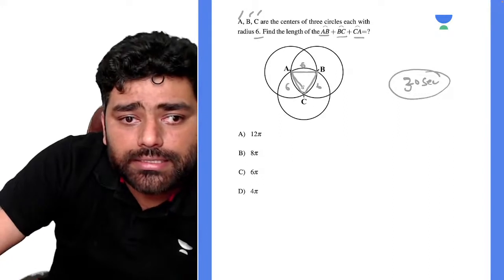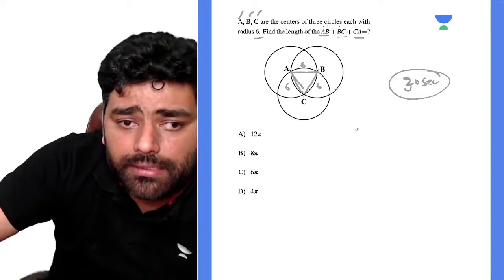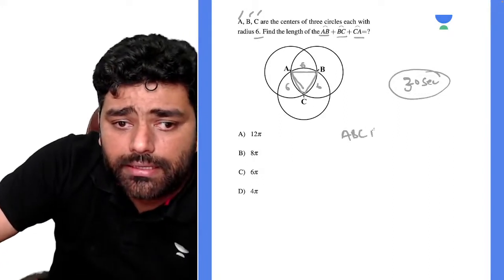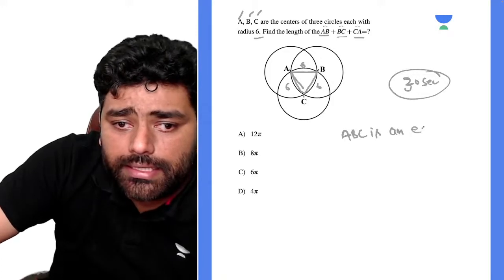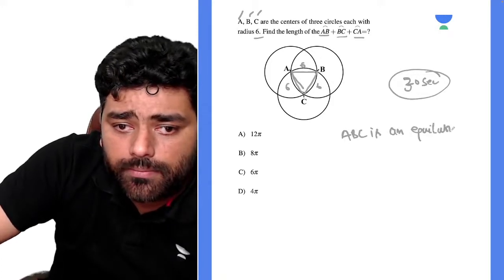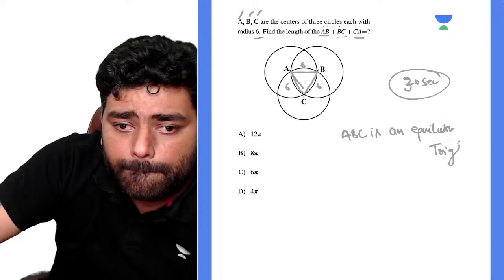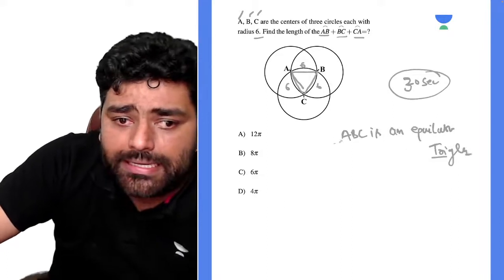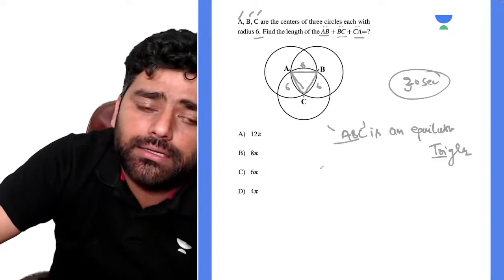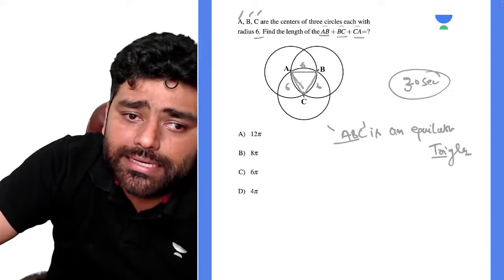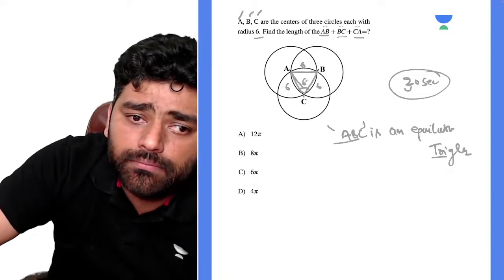That means ABC is an equilateral triangle. If ABC is an equilateral triangle, guys, that means each angle is 60 degrees.